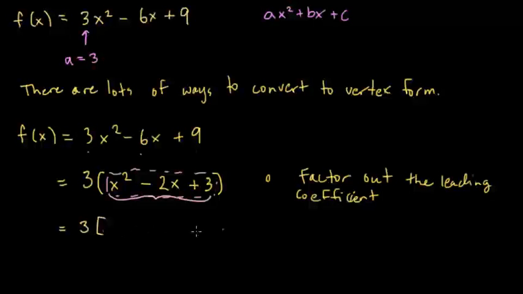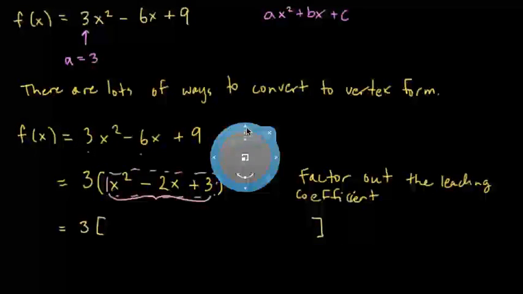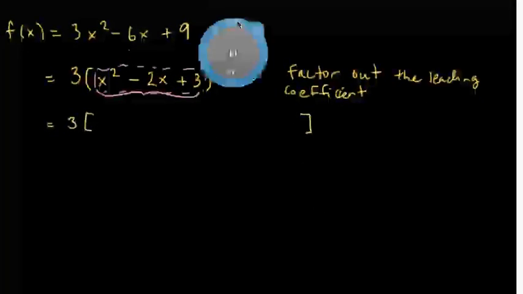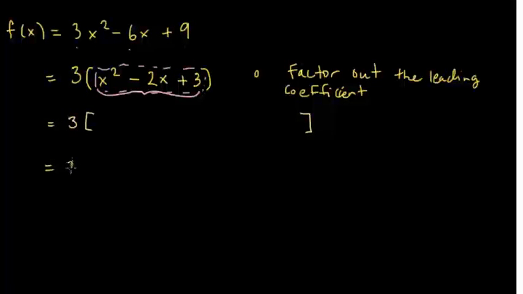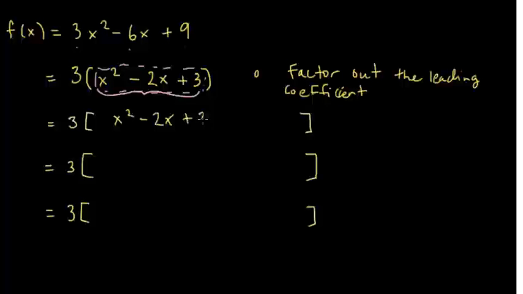Go ahead and set up your workspace a little bit and remind yourself that you're carrying this 3 along for the ride by going ahead and putting a couple of these extra preparation lines down there. So this x squared minus 2x plus 3, that's all inside the parentheses. I've turned them to brackets, but that's just for clarity.